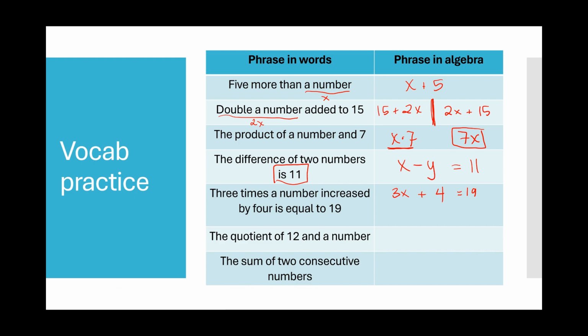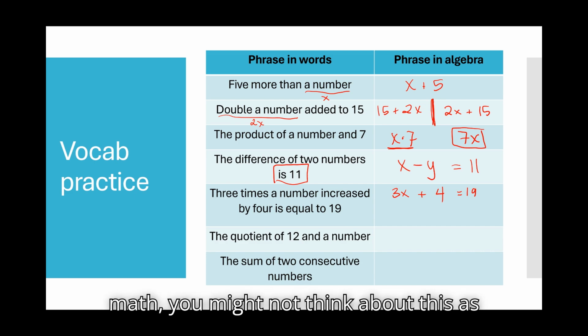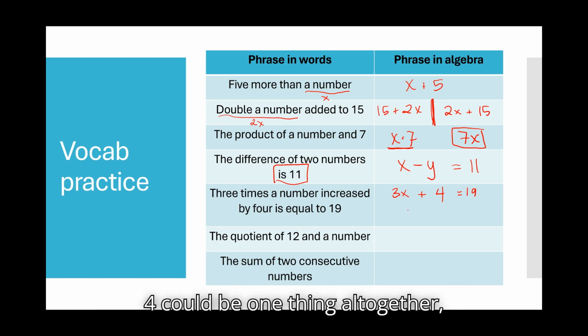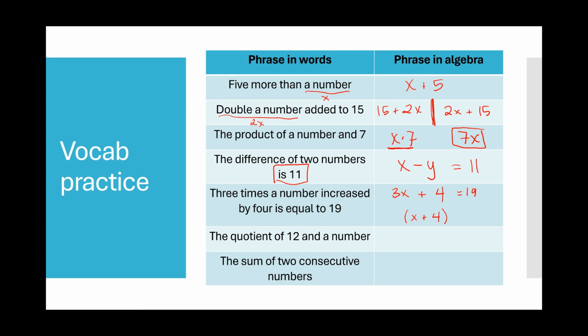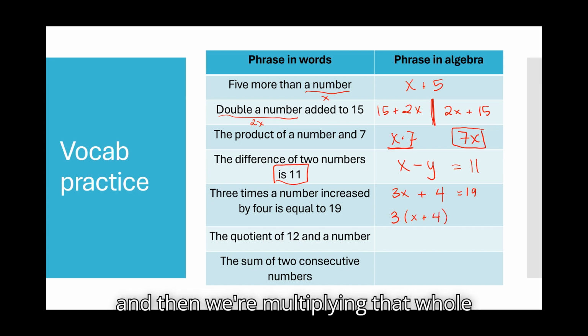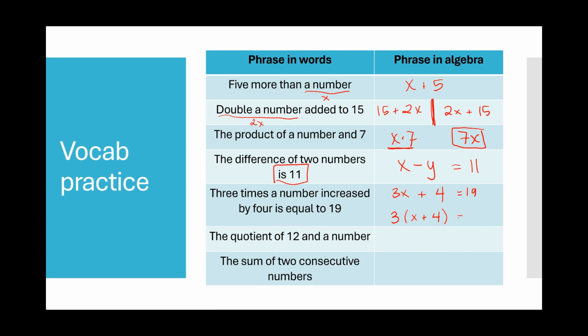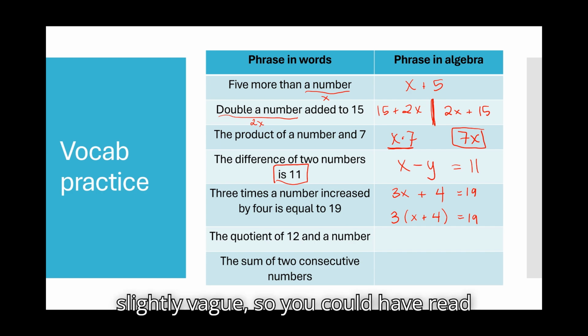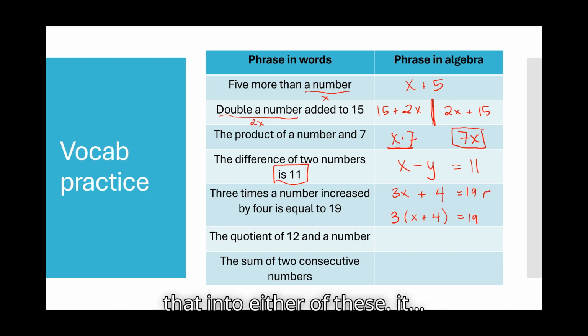And listen, if you don't have to spend all day doing math, you might not think about this as much as me, but a number increased by 4 could be one thing altogether, right? A number increased by 4, and then we're multiplying that whole thing by 3. This sentence is slightly vague, so you could have read that into either of these.